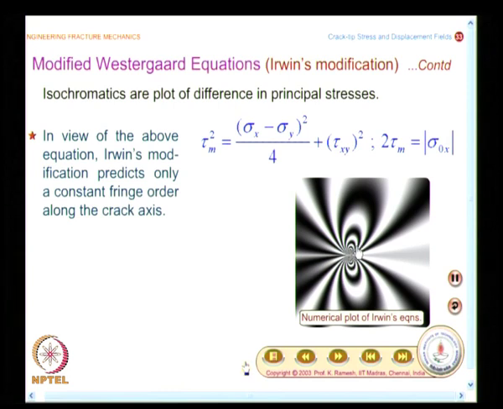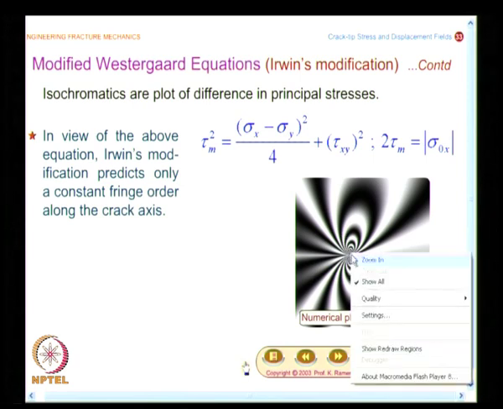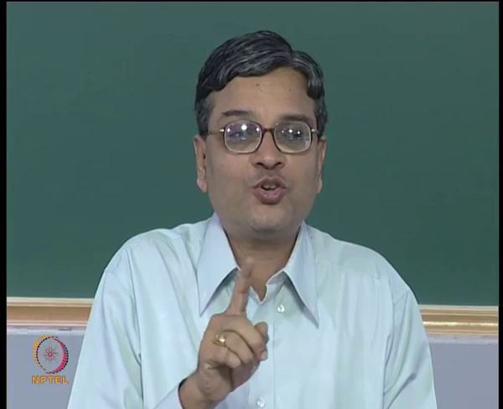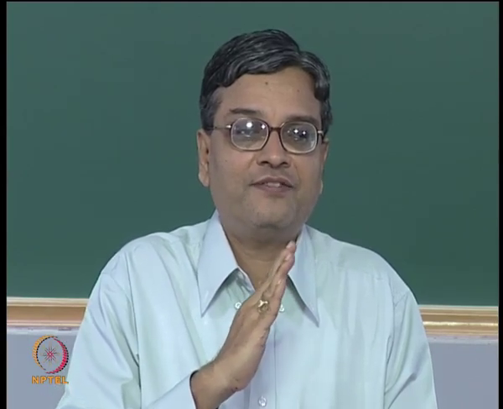Not only this, as you go close to the crack tip, I think I could enlarge this, the fringes also become straight, as was observed in experiments. So, in one stroke, two important observations of experiments were satisfied. The fringes were forward tilted, and the tilt angle also becomes straight as you go to the crack tip. I think I should put it this way, forward tilted, and then it is becoming straight at the crack tip.